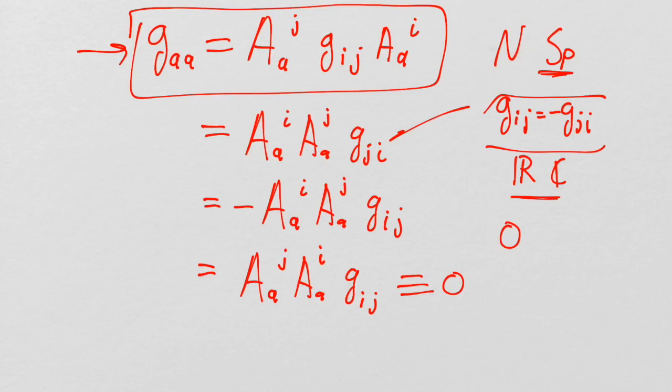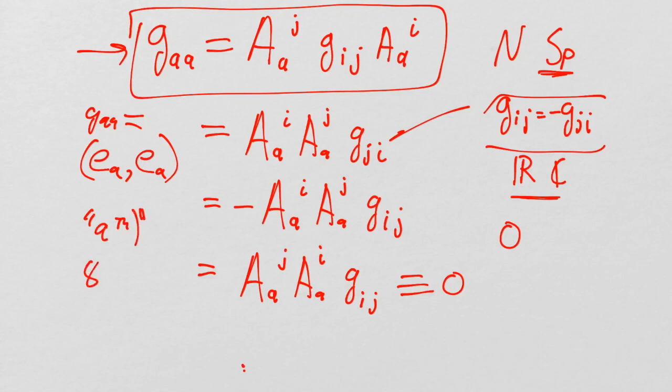And for the unitary case, this constraint is the real deal. But remember, the diagonal elements of a unitary metric are real, right? Because you have G_AA, the A-th basis vector and the A-th basis vector.